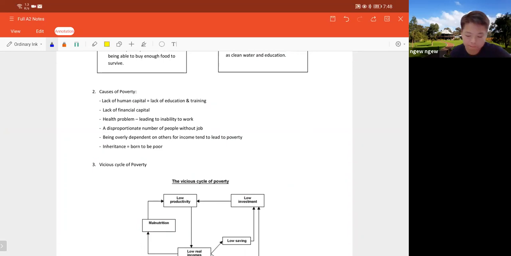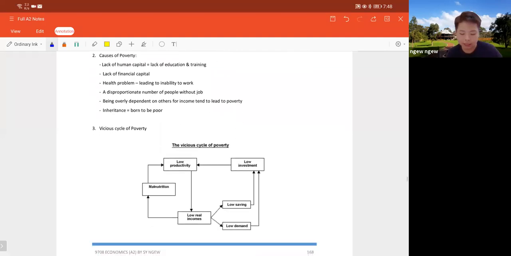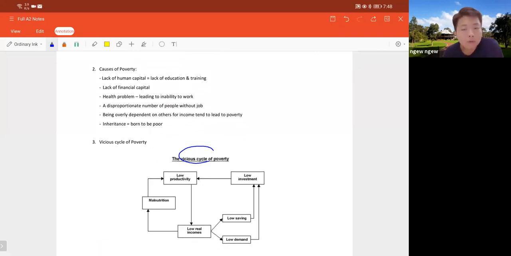And moving on, guys, for causes of poverty, these causes actually form into something called a vicious cycle, a bad cycle that will keep on going and going round, okay? So one of the causes of the vicious cycle of poverty might be lack of human capital.